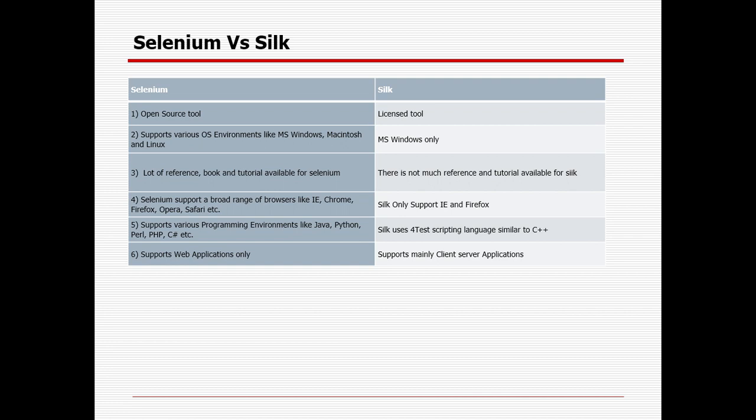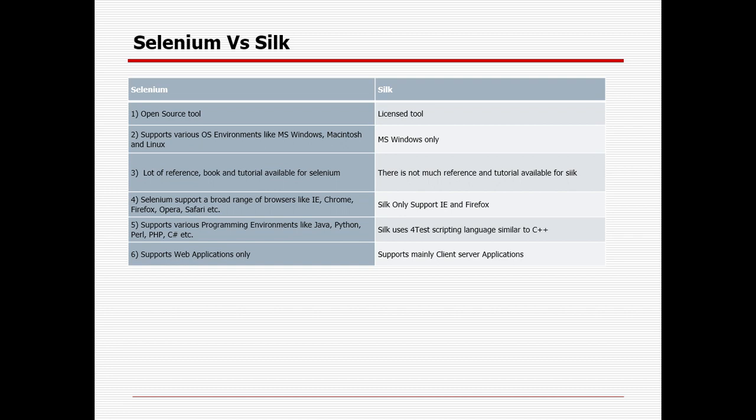Then what is the difference with Silk? Silk was also previously a demanding tool, right? Silk is a licensed tool, and it can only be used on MS Windows, right? There are a lot of books, references, tutorials and training for Selenium, but for Silk the resources are very minimal, right? So in case you want to identify something on the internet, on Udemy or elsewhere, you will not find much, right?